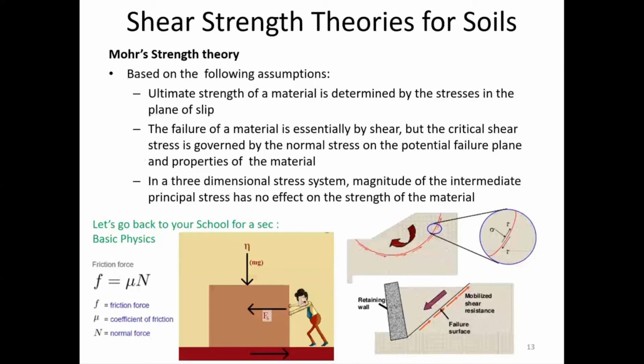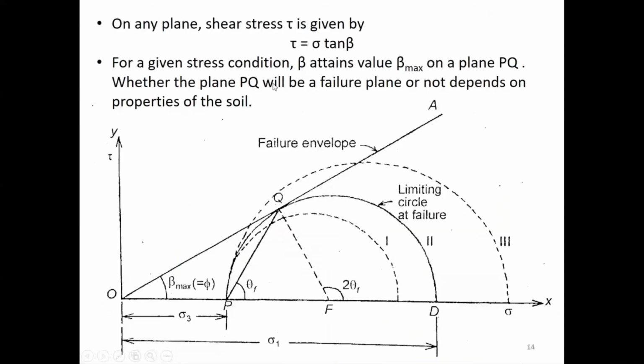Clear? Now, in a three-dimensional stress system, the magnitude of the intermediate principal stress has no effect on the strength of the material. That is sigma 2. We are going to neglect sigma 2 from here onwards. So we will consider sigma 1 and sigma 3, the major and minor principal stresses. Okay. So this is Mohr's strength theory. Let us see.